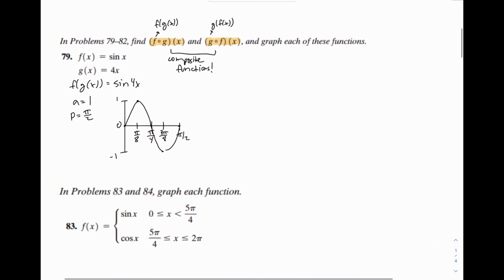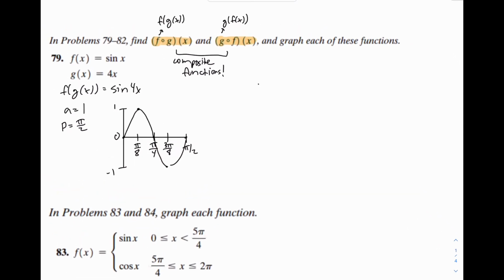It also says find g of f. So let's write g of f. So I take f and plug it in. So that would be 4 sine x. Now same concept, a is 4, period is 2 pi. And notice how I do the same thing.